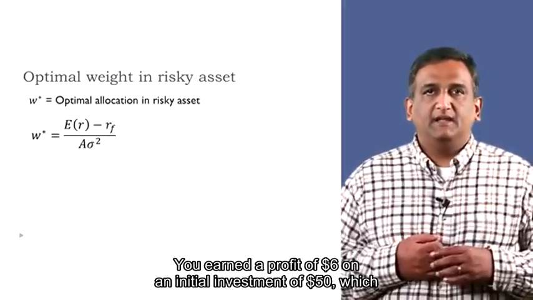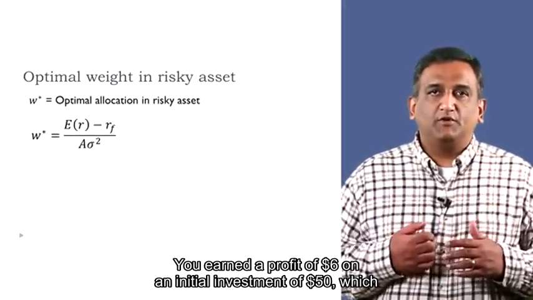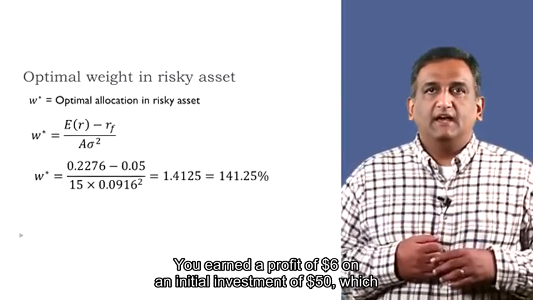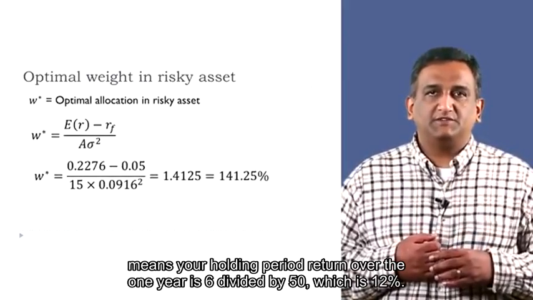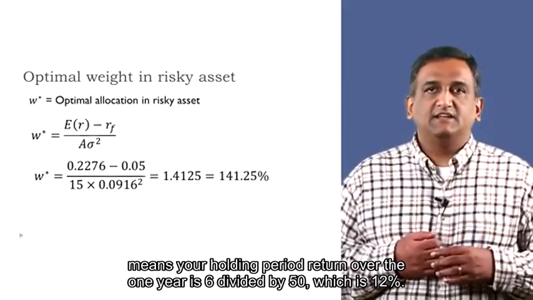W here is the weight of X in the portfolio and 1 minus W is the weight of Y in the portfolio. We can solve for the weights using Excel.